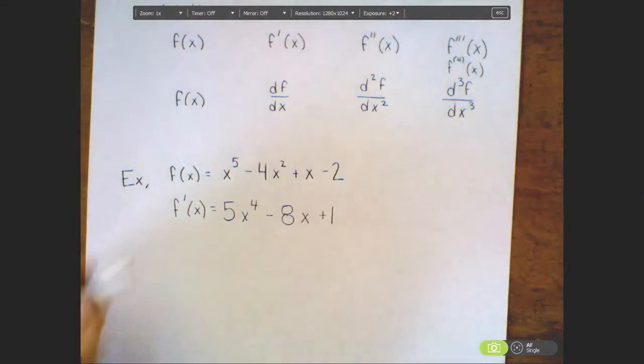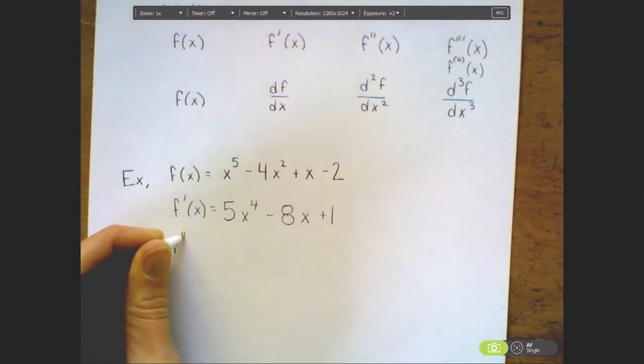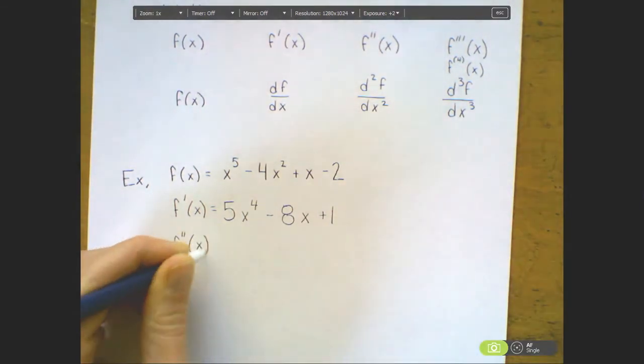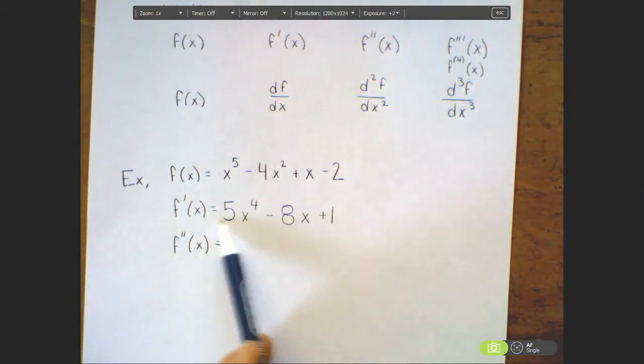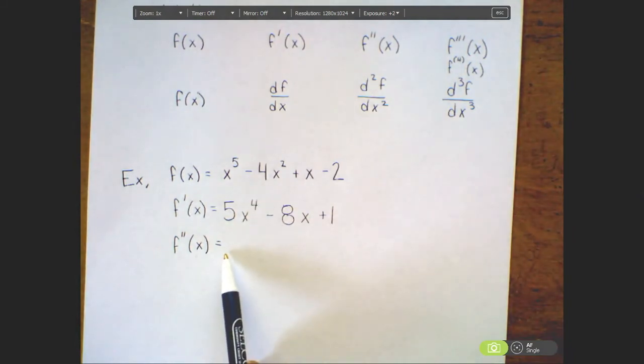That's a review. So how do I take the second derivative? Really, I just pretend that this is a new function, and I take the derivative of this function using power rule the way that we would expect.